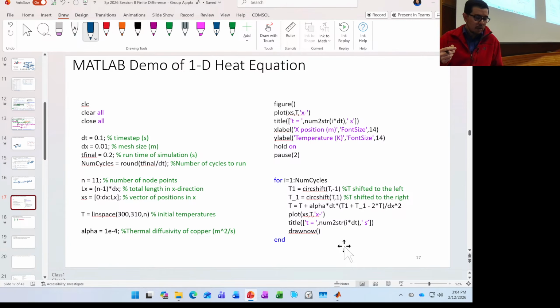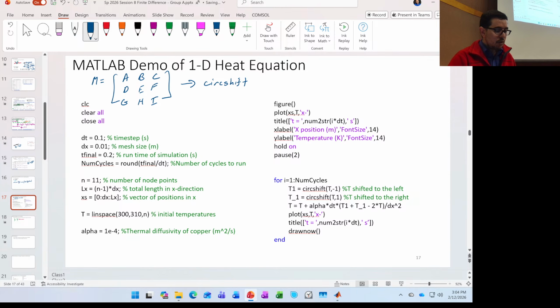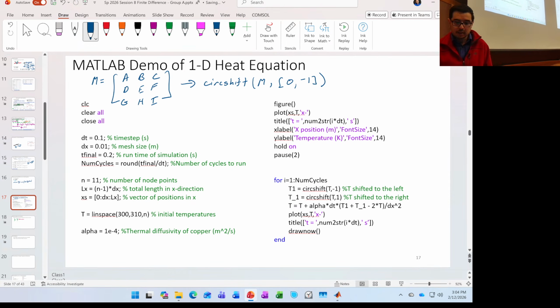other wall? So if I have M equal to A, B, C, D, E, F, G, H, I, like this, and then I apply a circshift to the columns, so I do circshift of M, and I put in that I want to leave the rows alone, but I want to move the columns one to the left, okay?